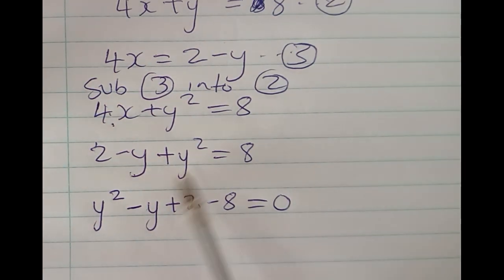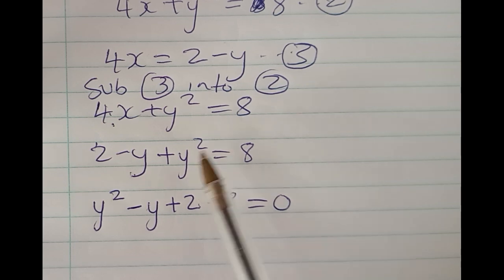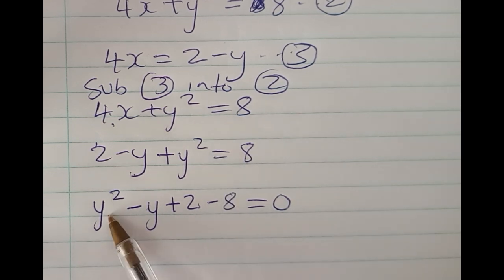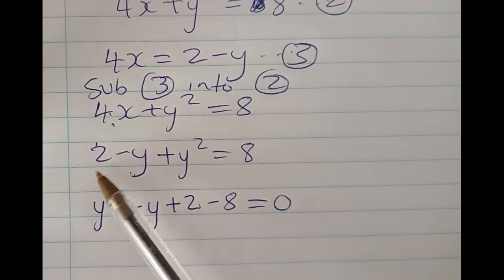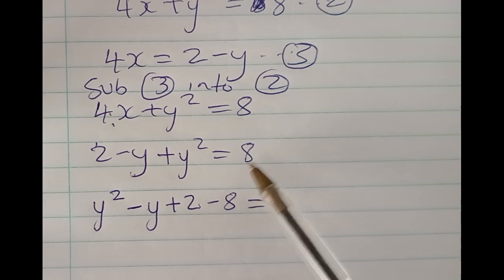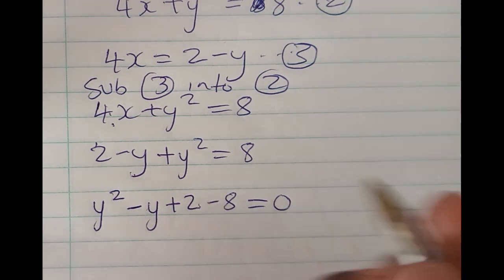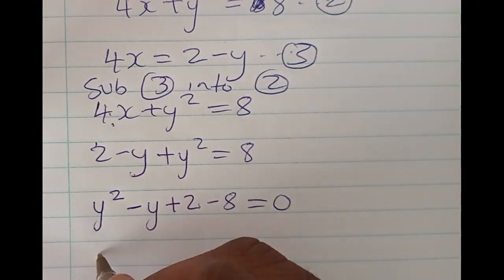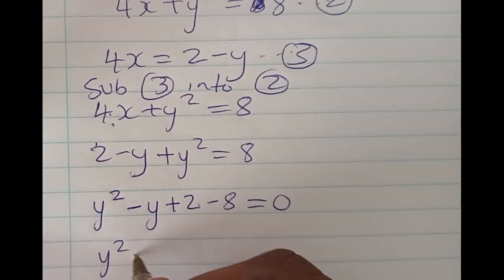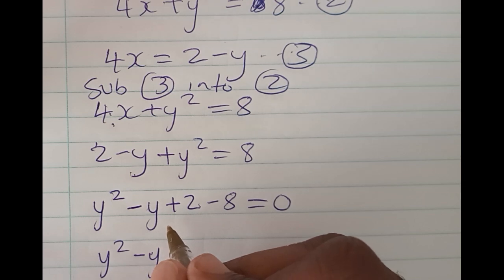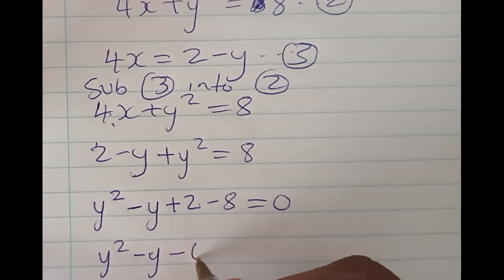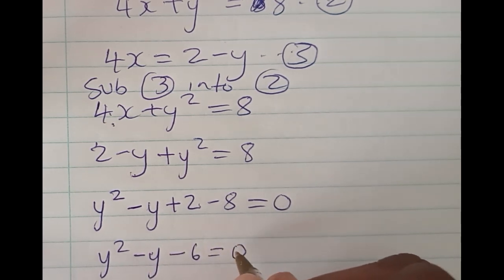Because remember here y square is positive, so it should be positive. Here negative y, it's negative and it should be negative. Here 2 was positive, so it should be positive. But when 8 goes to the left hand side, it should change the sign. You see? Okay, so we'll say y squared minus y, 2 minus 8 is negative 6, right? So it's negative 6 is equals to 0.